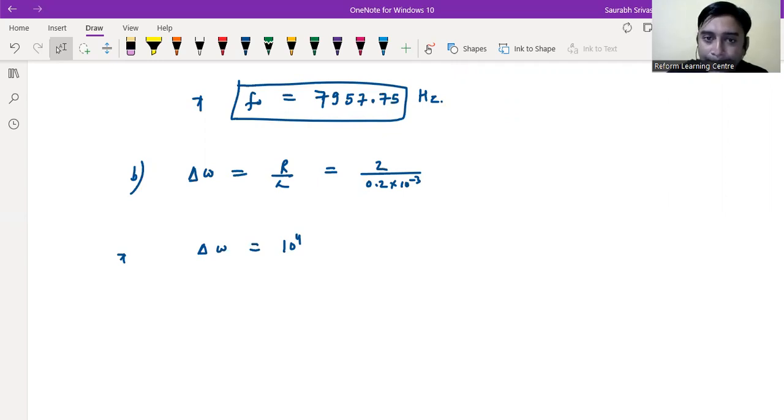Right? Unit? The unit for delta omega will be radian per second.